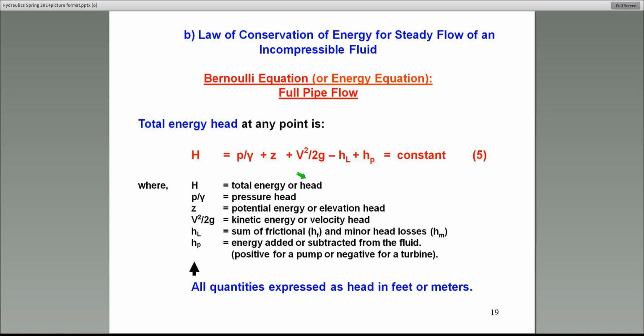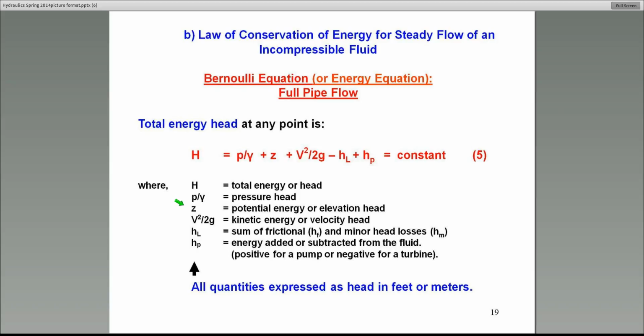Head is measured in feet or meters. It represents essentially the energy at any cross section in terms of feet or meters. The sum of the first two terms, P over gamma plus Z, we often refer to as the hydraulic head. It's the pressure head plus the potential energy or elevation head summed together.